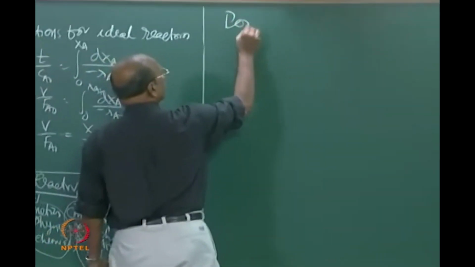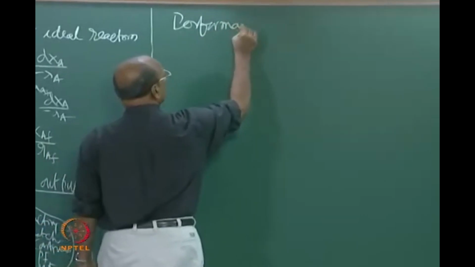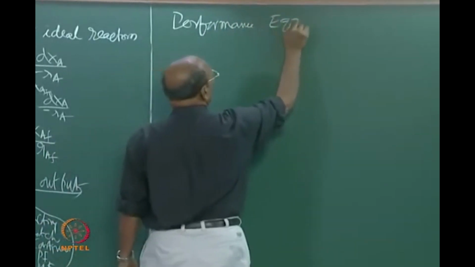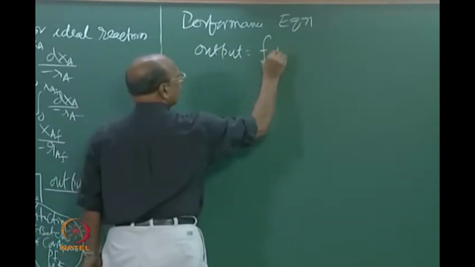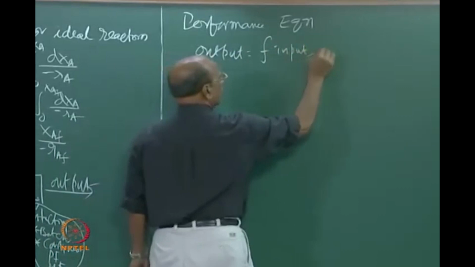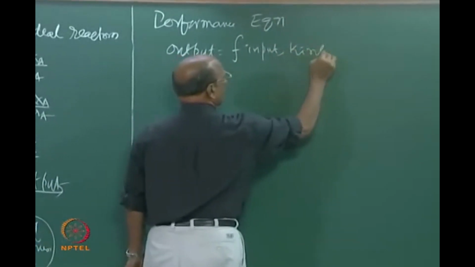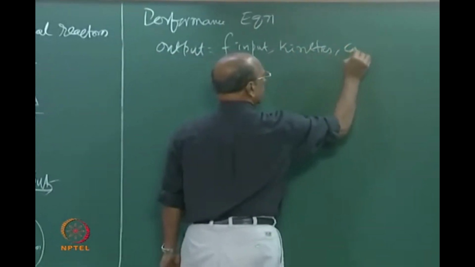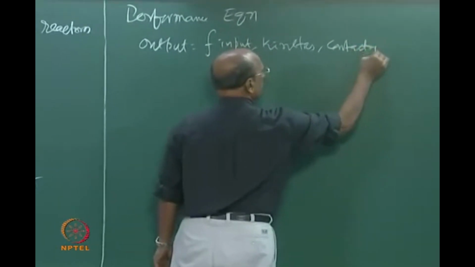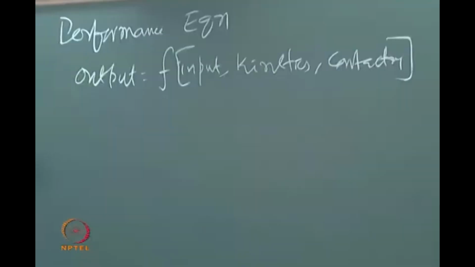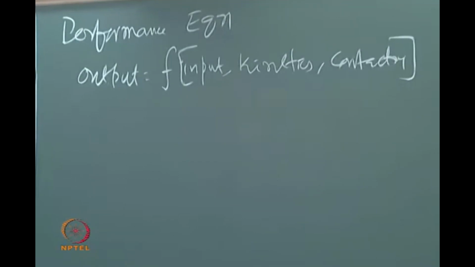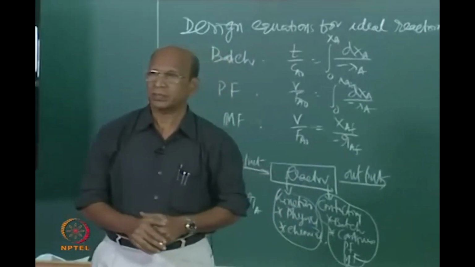What is the performance equation? Output equal to a function of input, kinetics, contacting. So, what is the information till now we have covered, if you want to calculate finally either volume or conversion?